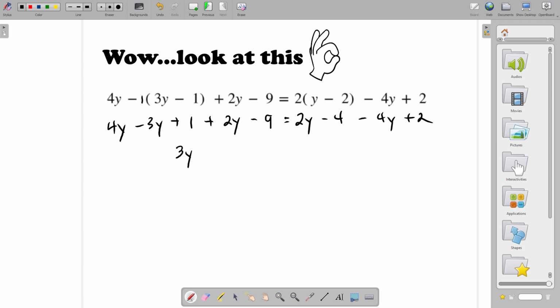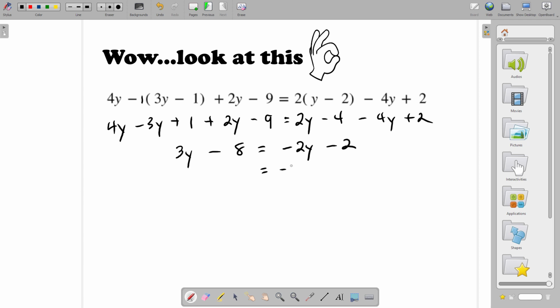Positive 1 and -9 is -8. On this side we have 2y minus 4y is going to give me a -2y. -4 and positive 2 is going to give me a -2. So again, we've gotten the problem whittled down so that we have variable terms on both sides, constant term on both sides. Now I need to get the variable terms on the same side.